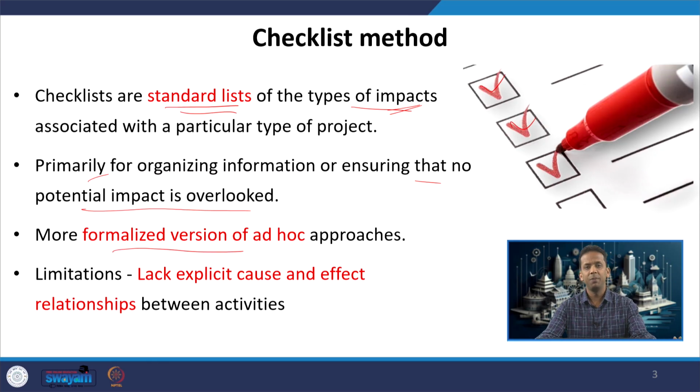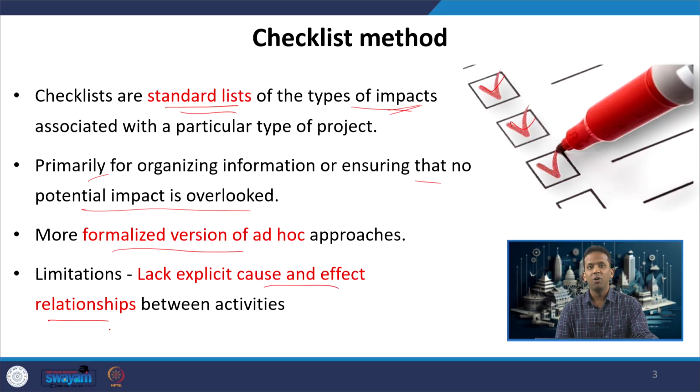Like ad hoc, which was based purely on intuition, checklist is similar, but it will involve experts, visits, and collection of some data. So, it is a more formalized version of the ad hoc approach, and the limitation of checklist gives the foundation for the next type of methods we are going to study, that is the network method, where we will have cause and effect relationships.